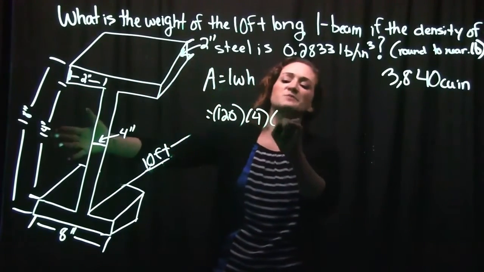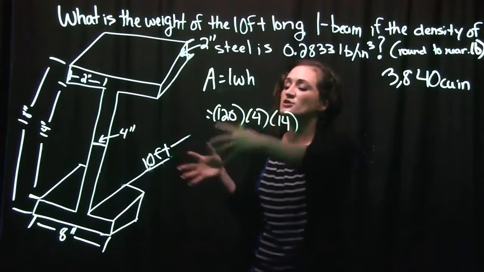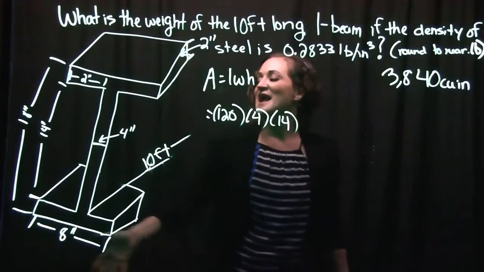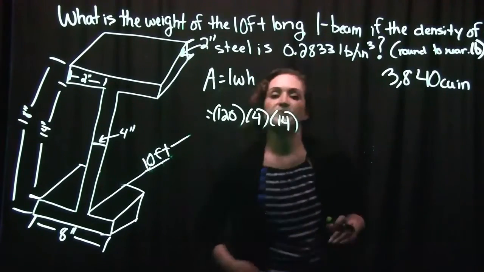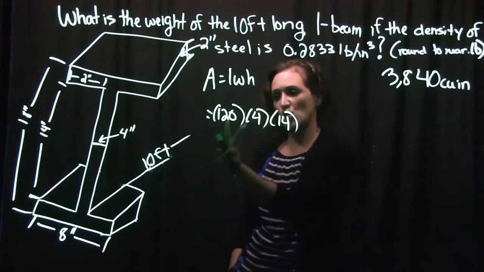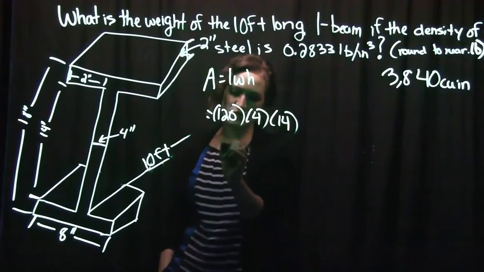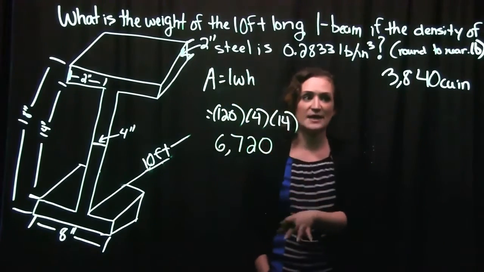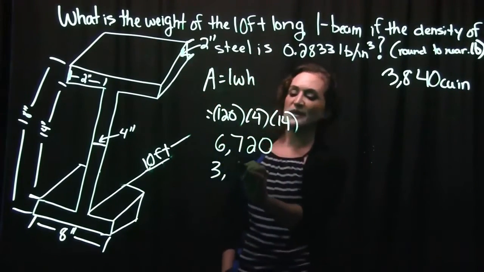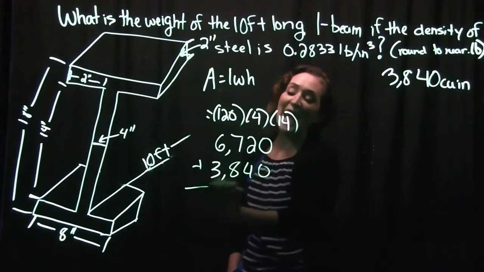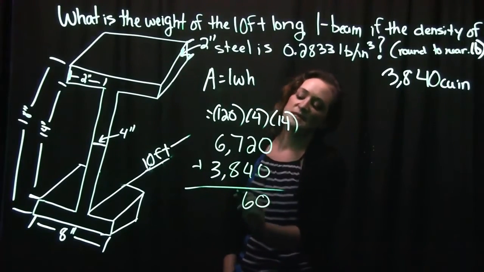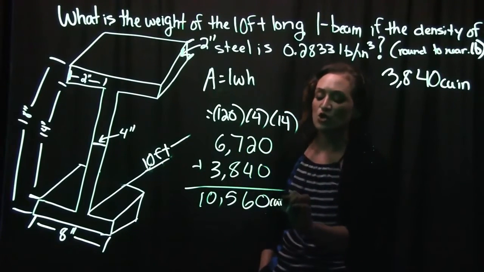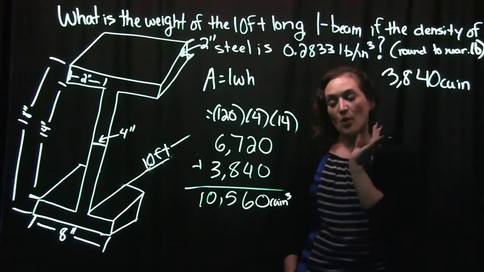Right over here it gives me a measurement of 14 inches. So 10 feet long, which is 120 inches, 4 inches wide, and 14 inches tall. When I calculate all of that together, 120 times 4 times 14 gives me 6,720 cubic inches. If I add the 3,840 that we already calculated, that gives us a grand total of 10,560 cubic inches. Now, we're almost there.